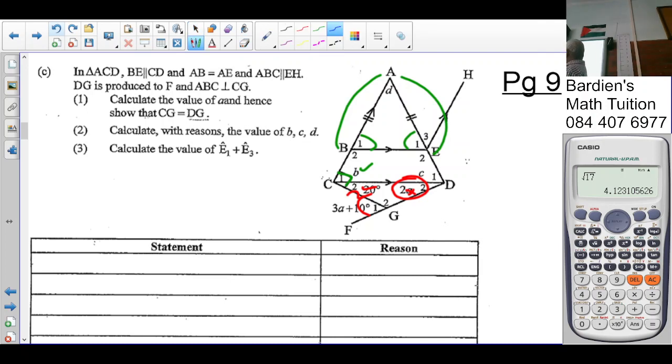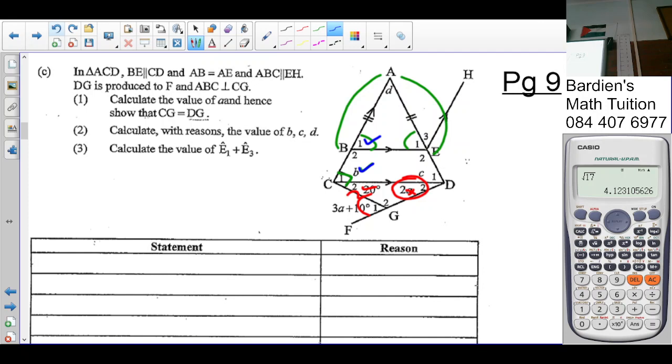You got B. Which other angle is equal to B? E2. Why? You must have a reason. I'm asking which other angle is the same as angle B? This one here. B1. Why? Corresponding.